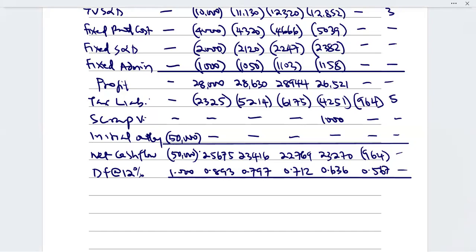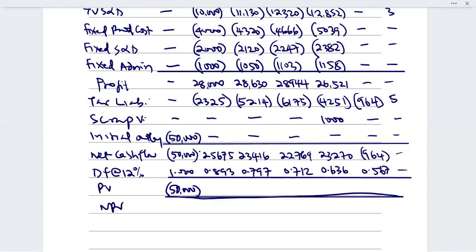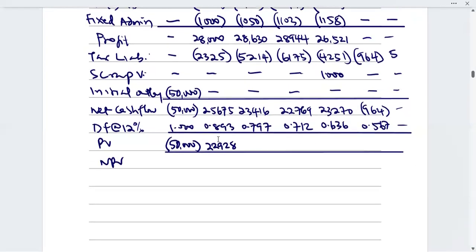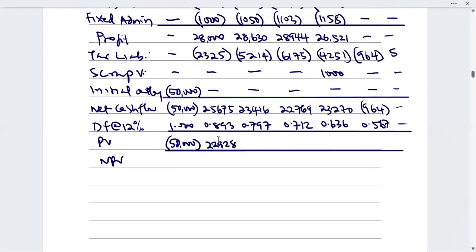So we need to get the present value. Here is 50,000 for year 0. What do you have? 22,928. Yep. Next one. 18,663.